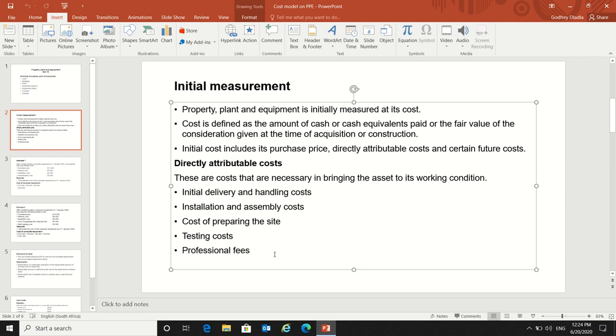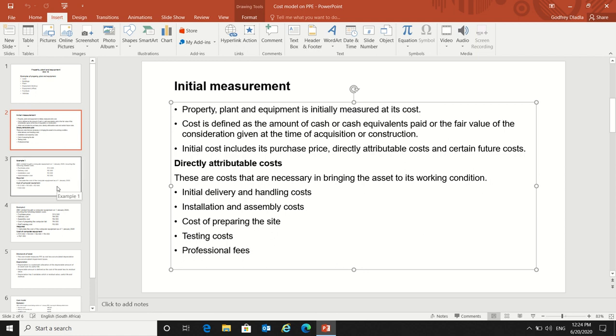Professional cost, we are talking about costs that are paid to, for an example, someone of a certain skill that is required to test the machine. If you pay that professional, it forms part of the initial cost of that asset.